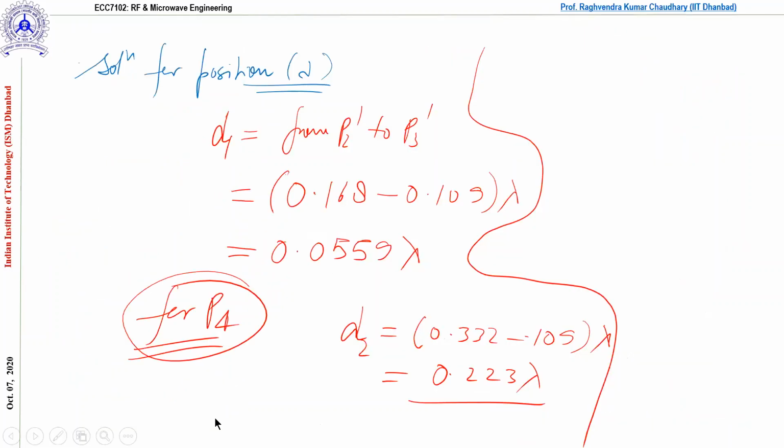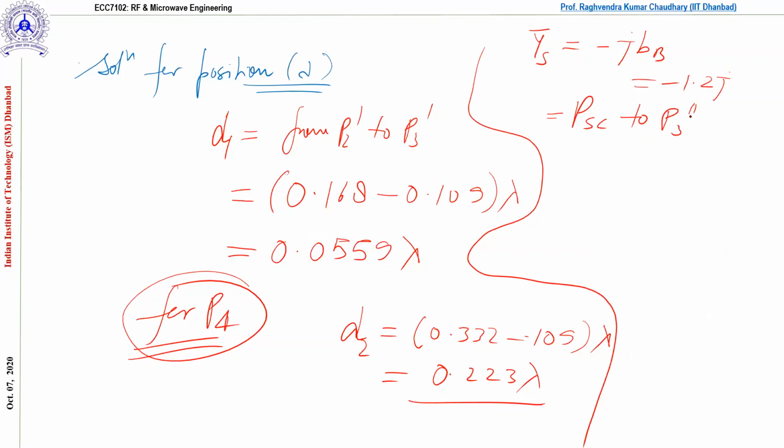For the case when we are taking the solution as YS bar equal to minus JBB, or minus 1.2J, we need to find the distance between PSC, the point of the short circuit, and P3 double dash.